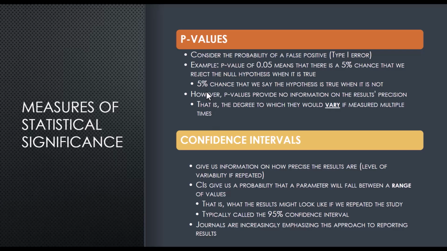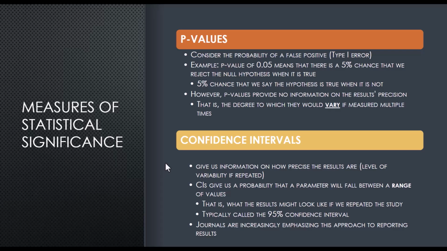P-values are typically pre-assigned as 0.05, meaning that there is a 5% chance that we reject the null hypothesis when the null hypothesis is actually true. So we wrongly reject the null hypothesis. So a p-value does tell us if our result is statistically significant, but it does not provide information on how precise that result is.